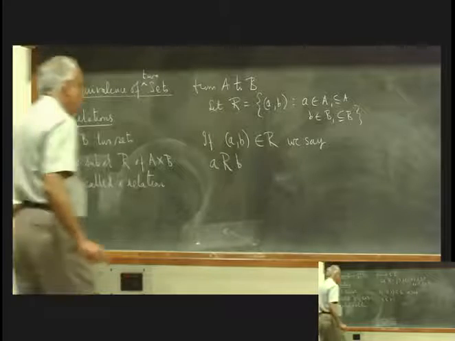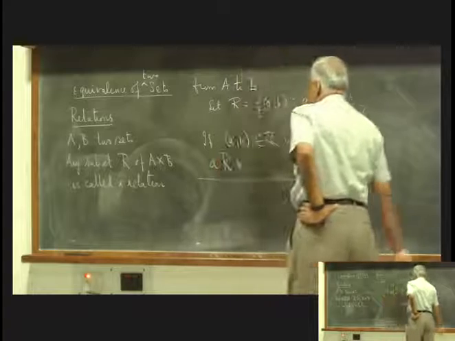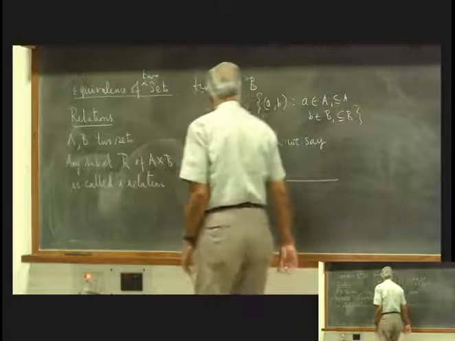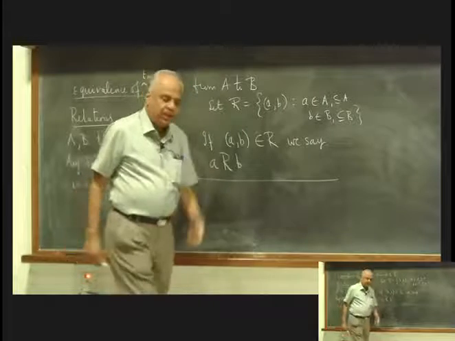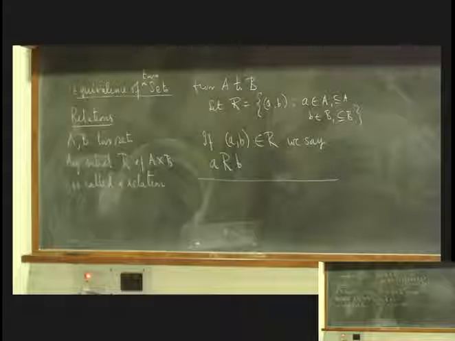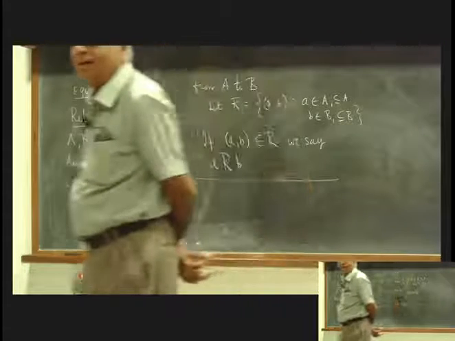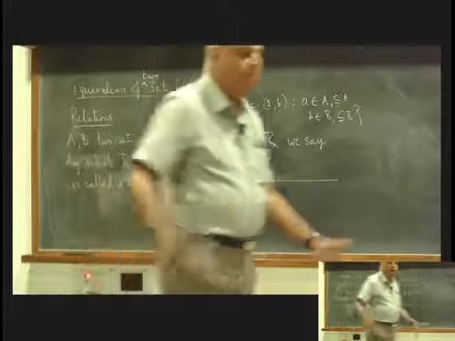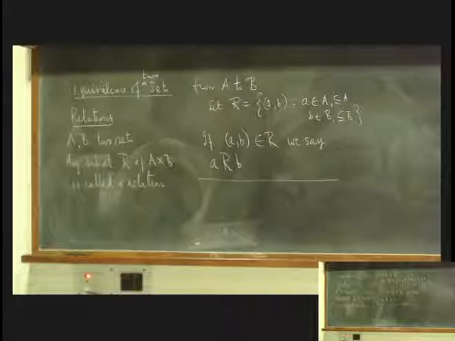Okay. Let me make a few more comments here. See, for example, if you take a function f from A to B and look at its graph, that's a subset of A cross B. And you can look at the function also as its graph, so these are synonymous.